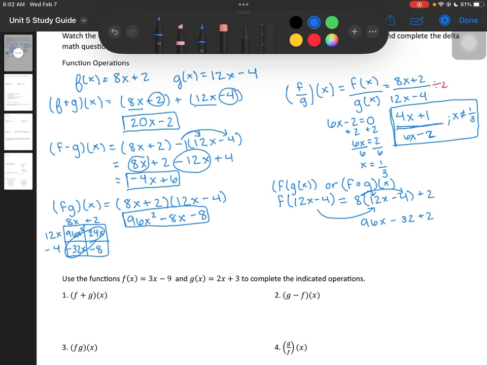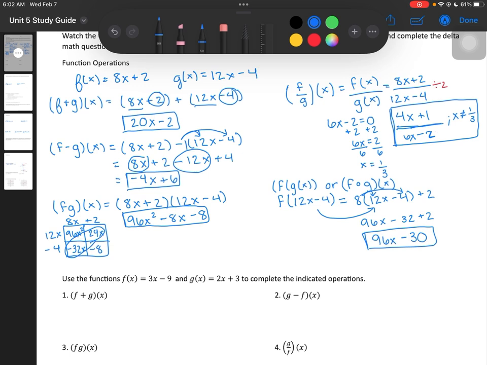We combine any like terms, we get 96x minus 30. You can also compose the other way. Remember, it doesn't matter which letter tells us which, so we could have the g function come first and then be putting f into the g function.